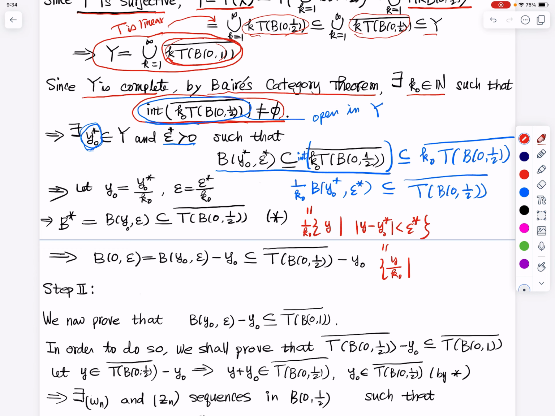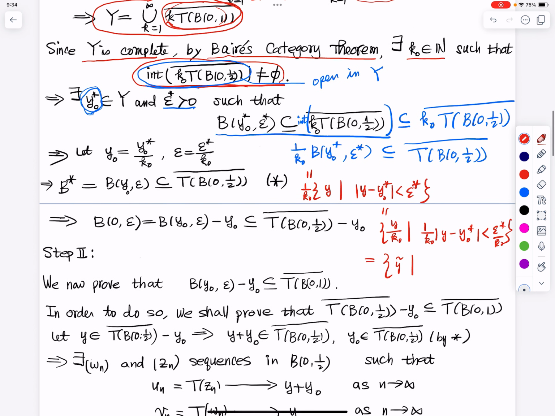And then you multiply k0 on both sides, it's still okay. Then epsilon star divided by k0. Then you can replace y divided by k0 by y tilde.